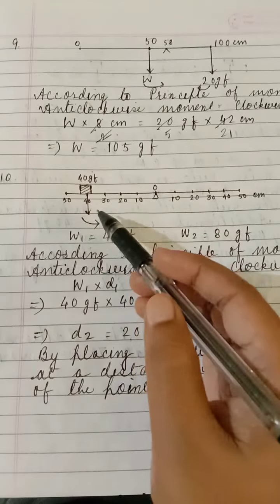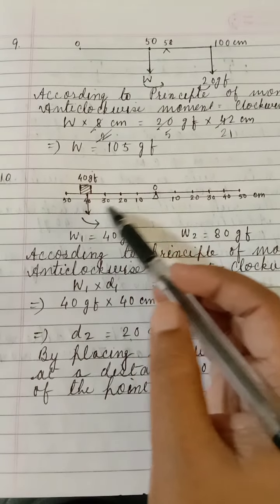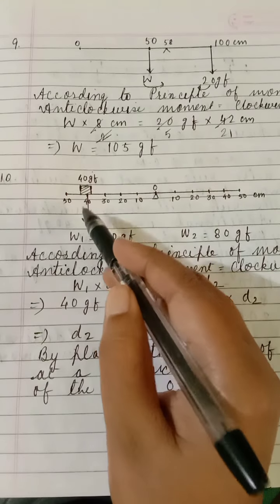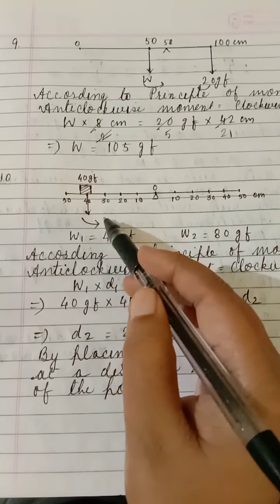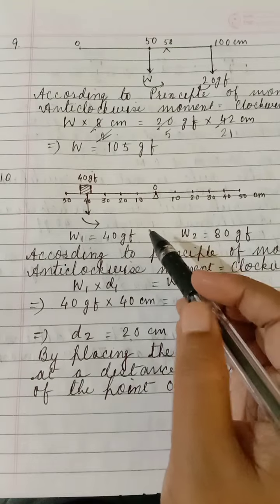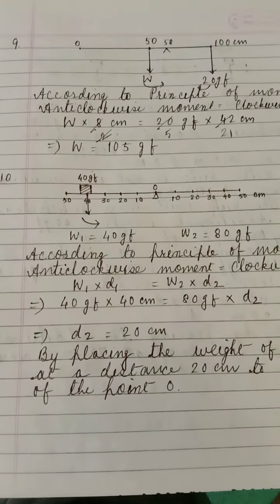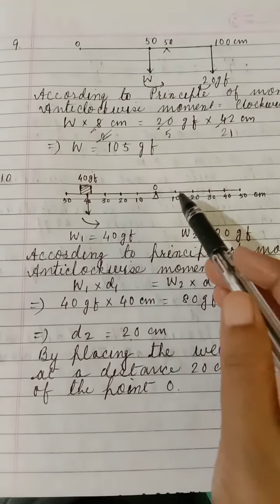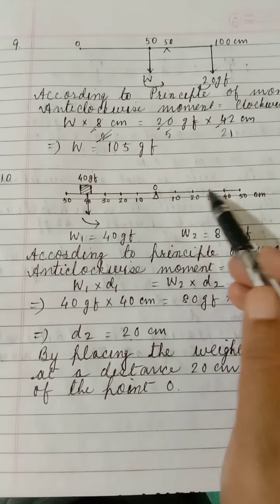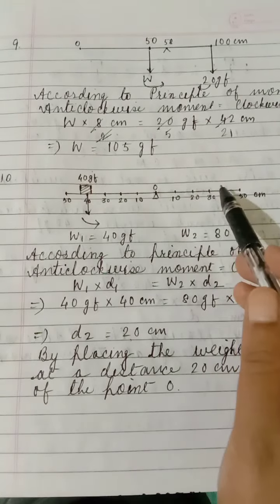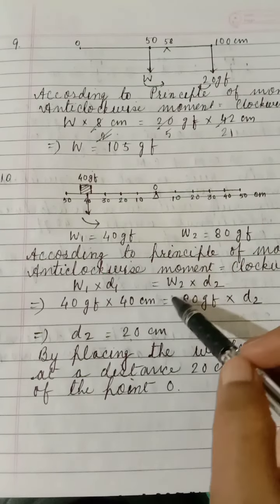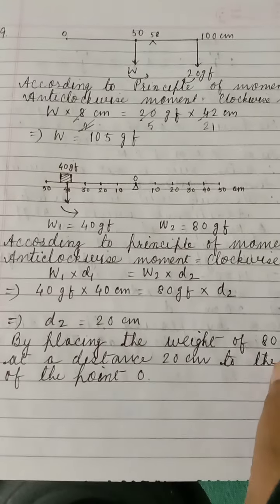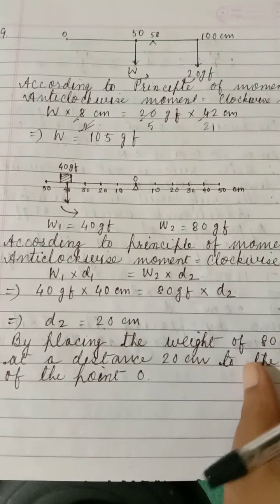Since the 40 gf weight is there and this is pivoted at the point O, this will give the anti-clockwise moment. Now to balance it with the 80 gf weight, we have to place it somewhere on the opposite side. At what distance we have to place it, we'll find now. According to the principle of moments, anti-clockwise moment equals clockwise moment.